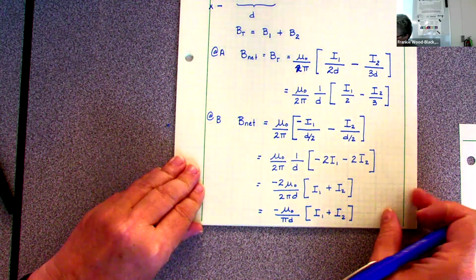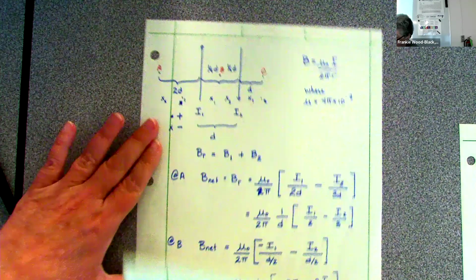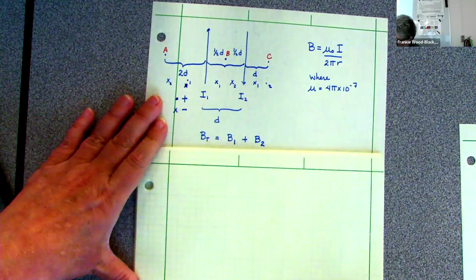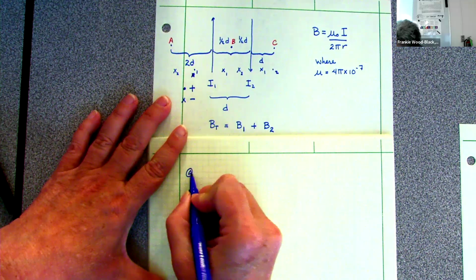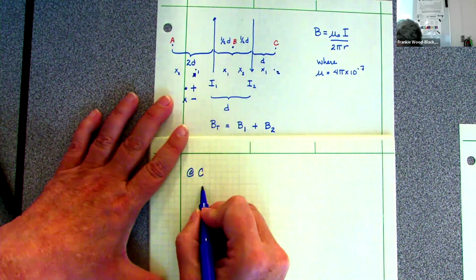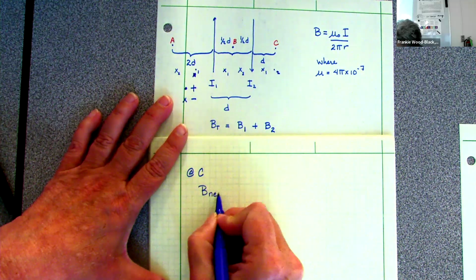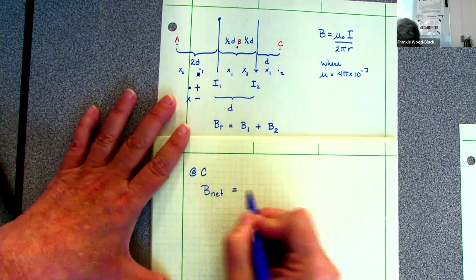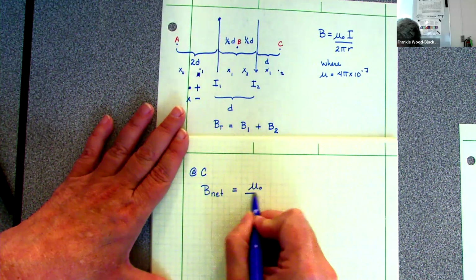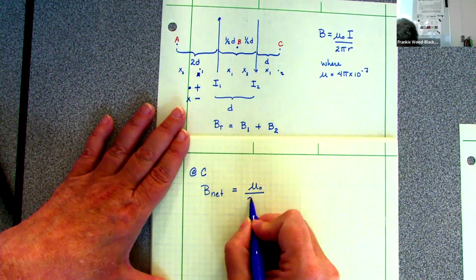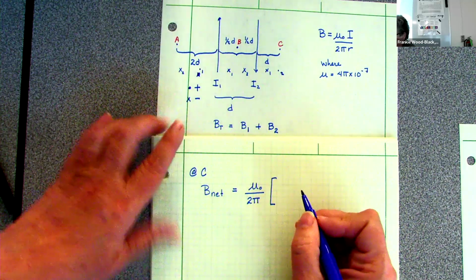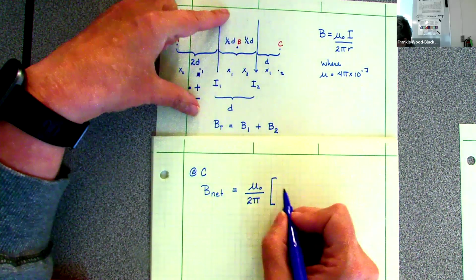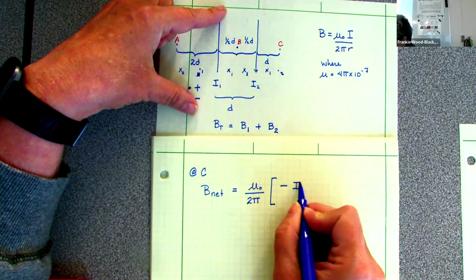So we'll do the last one for C. B net equals, so if I'm going over here, I got the minus I1.